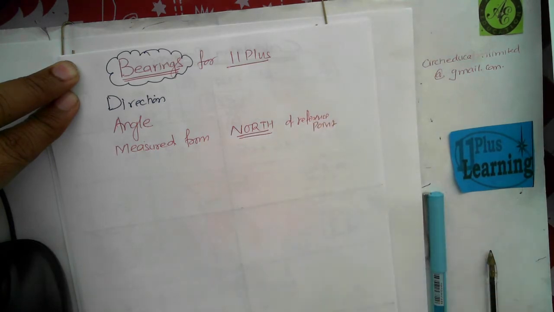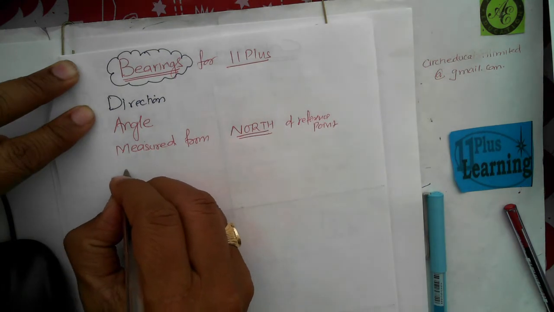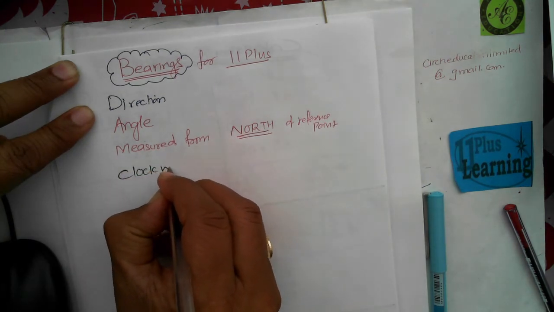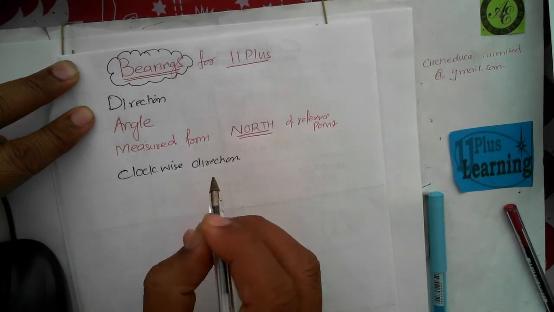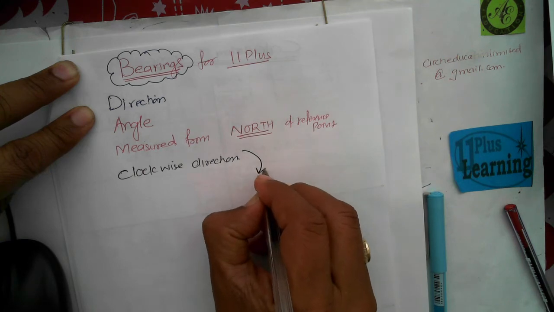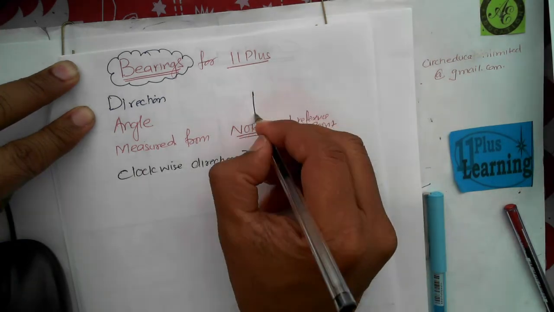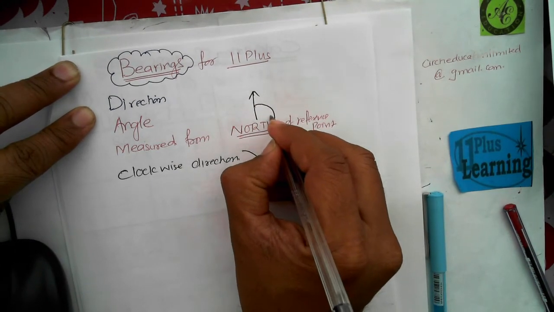I'm going to talk about what we mean by reference points. It's measured in a clockwise direction, so it's always measured in clockwise direction. North is always the vertical line, so it's measured from the vertical line in clockwise direction.